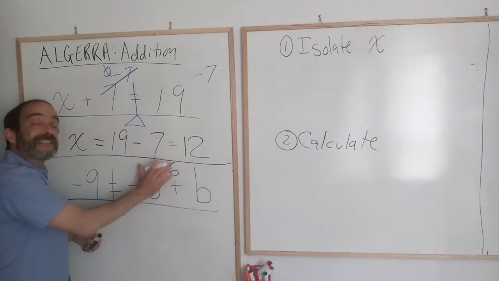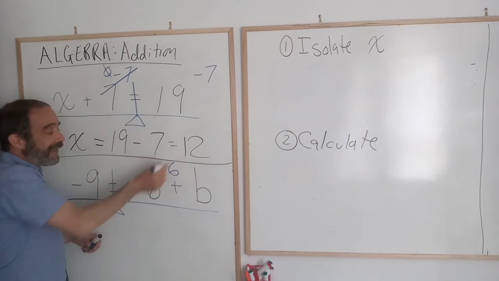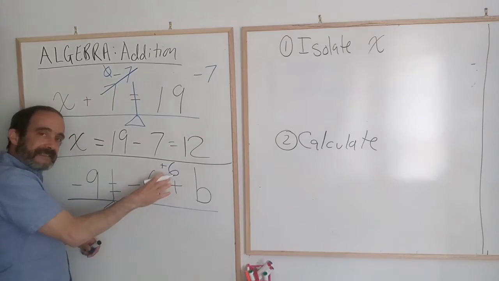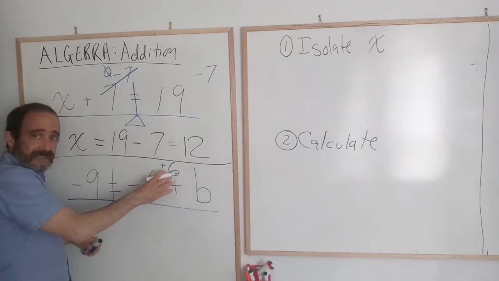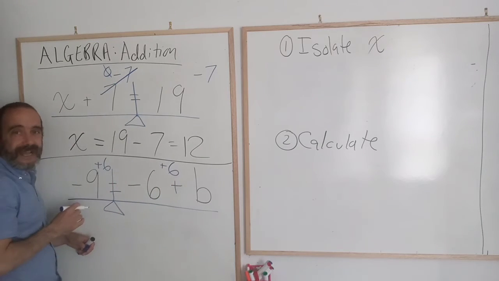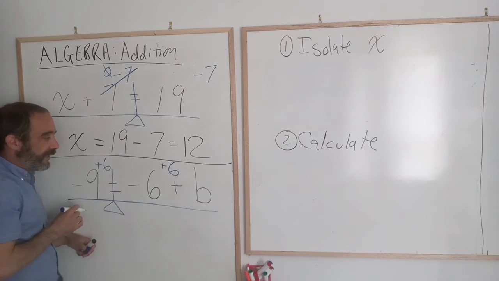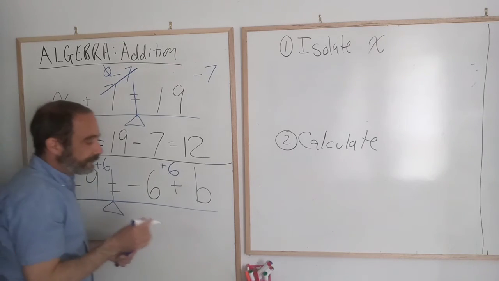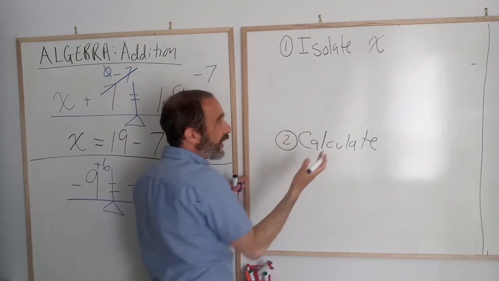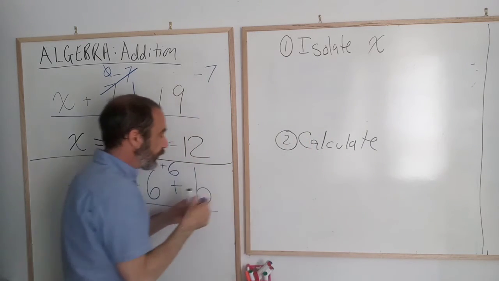But I think it's a nice, convenient place to put it, so it's easy to cancel out later. I've added 6 to this side. If I add $6 to this side of the equation, I have to also add $6 to that side of the equation. So then we want to cancel where we can and rewrite.